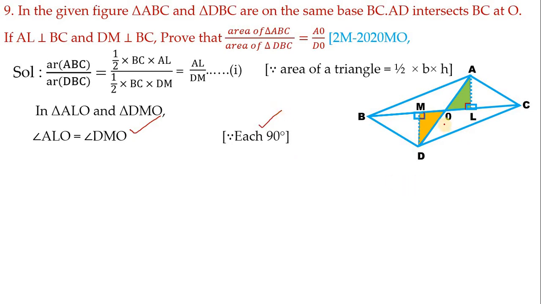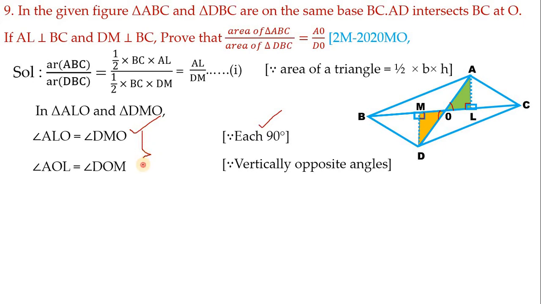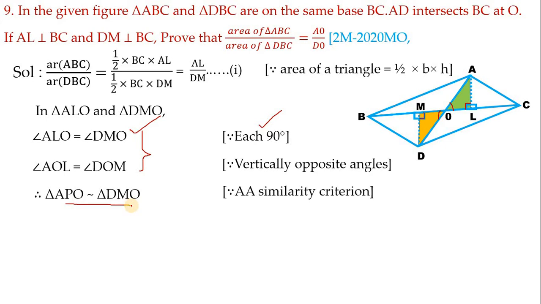Next, these two angles, this and this, are vertically opposite angles. Now here these two pairs of angles we have shown equal. Hence under AA similarity criteria, these two triangles are similar.